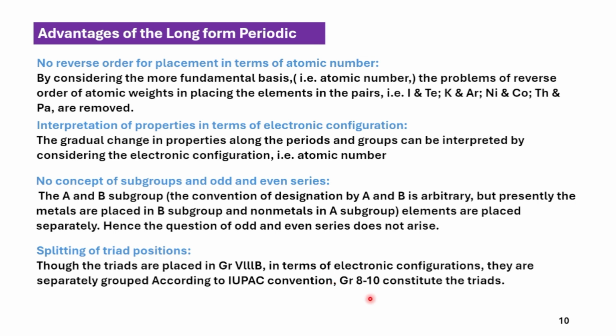Now groups 8 to 10 constitute these triads. Earlier in Mendeleev's periodic table we were housing three elements in group 8B. Right now we have separated them and given them particular groups, group 8, 9 and 10, to keep these triad elements.